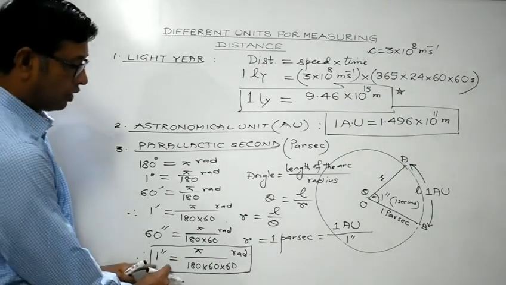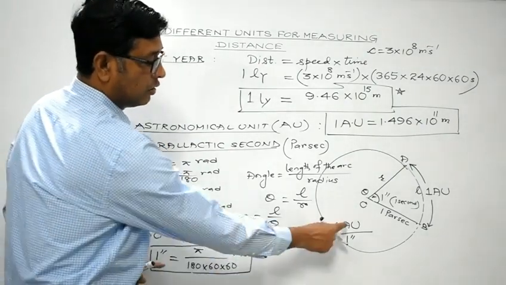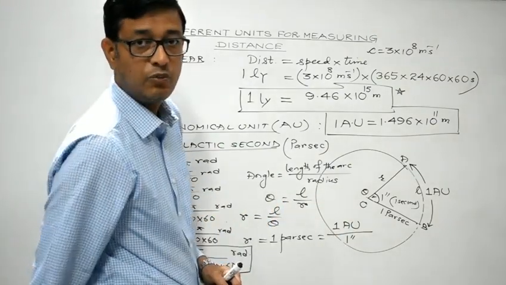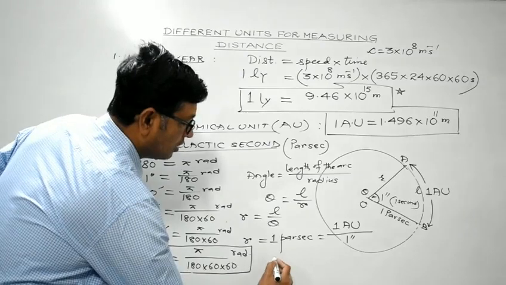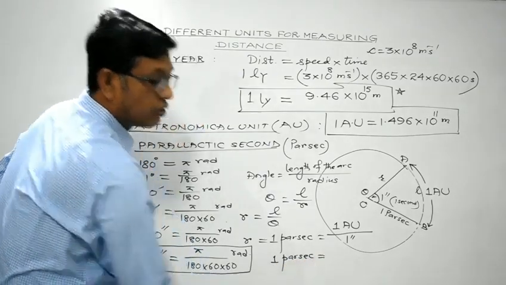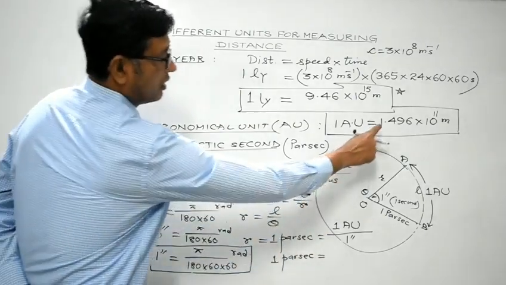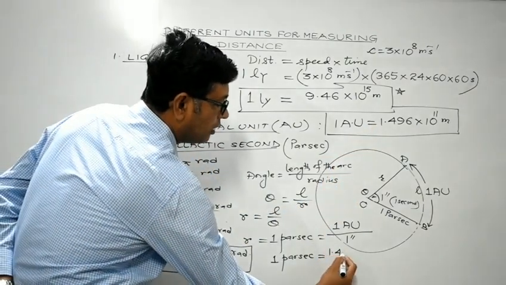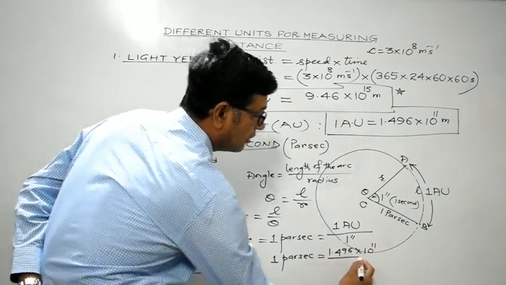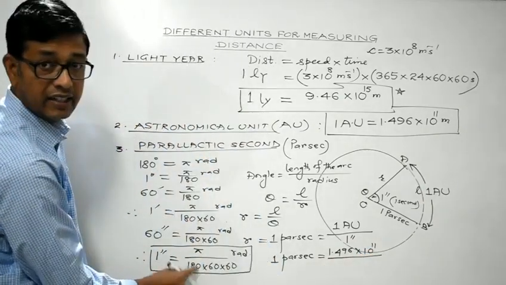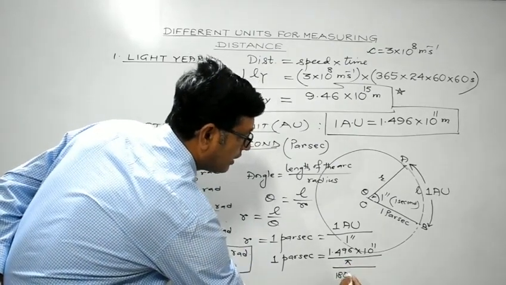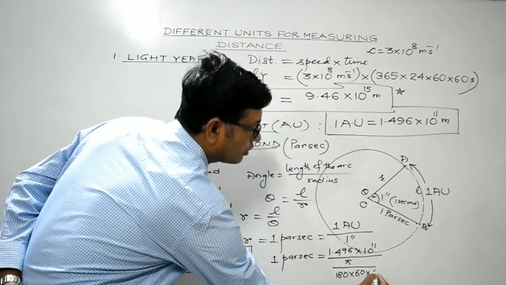So, you can substitute this value of second over here. You can write AU in terms of meters. In that way, we can easily determine the value of parsec. So let's solve it. Therefore, 1 parsec will be equal to 1 AU, which is 1.496 into 10 to the 11, divided by 1 second, which is pi over 180 into 60 into 60.